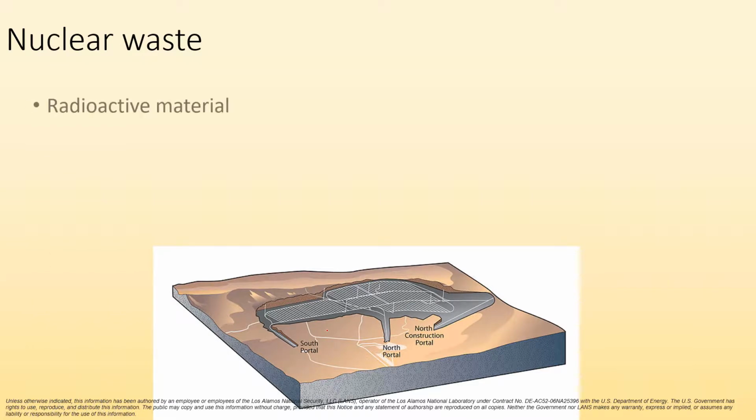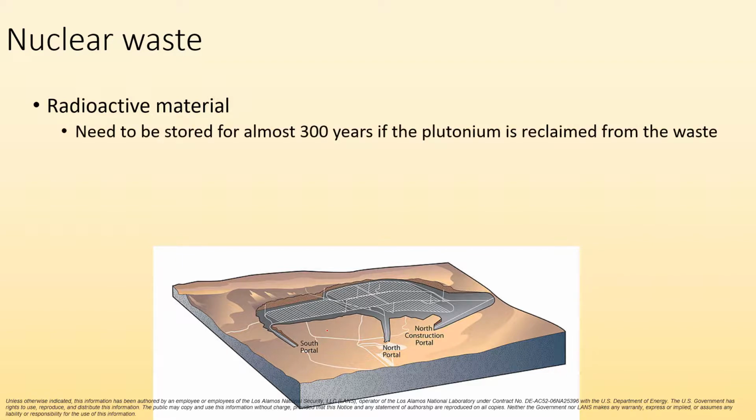What about this nuclear waste I've heard so much about? When you're using nuclear power, you're creating a lot of radioactive material. It needs to be stored for almost 300 years if the plutonium is reclaimed from the waste. When you're using uranium, one of the byproducts is plutonium. The plutonium you can use for other kinds of nuclear power plants.